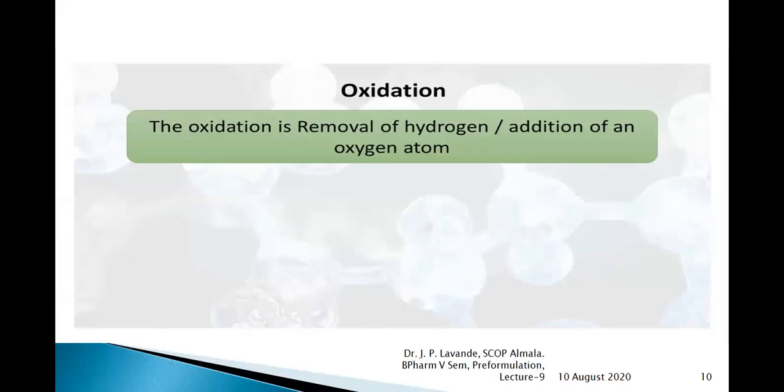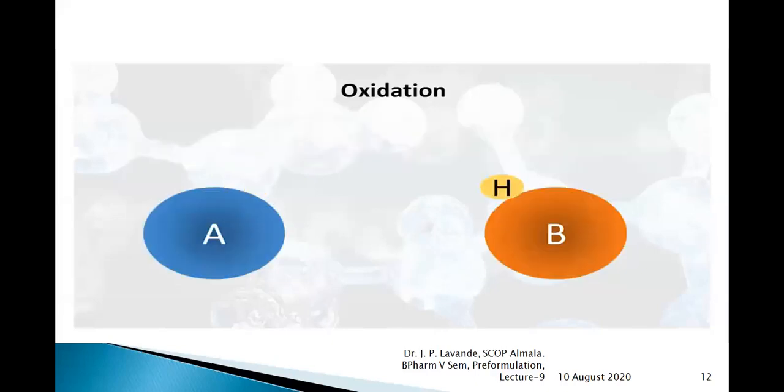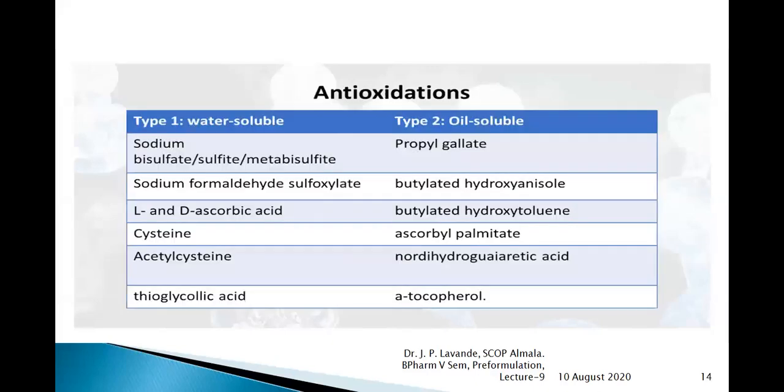Also it consists of the loss of electrons. So this is the way by which it happens. The way we can prevent oxidation is by the addition of an agent. These agents are said to be antioxidants.